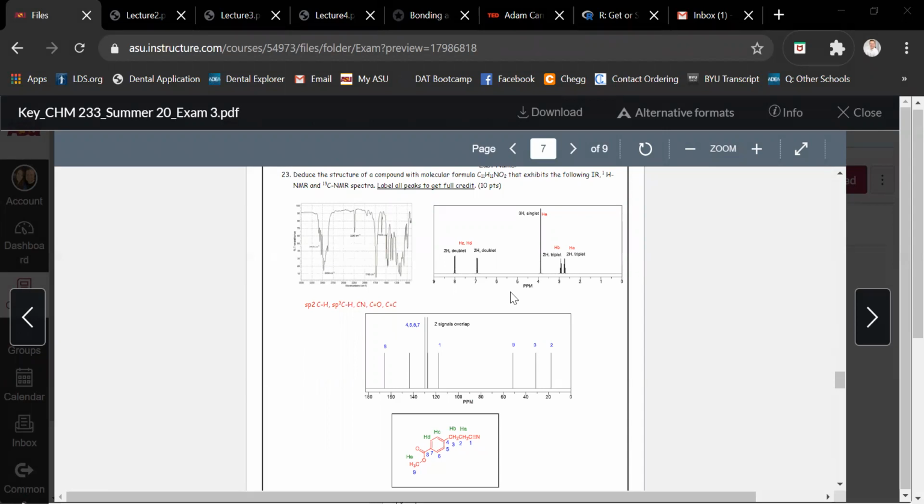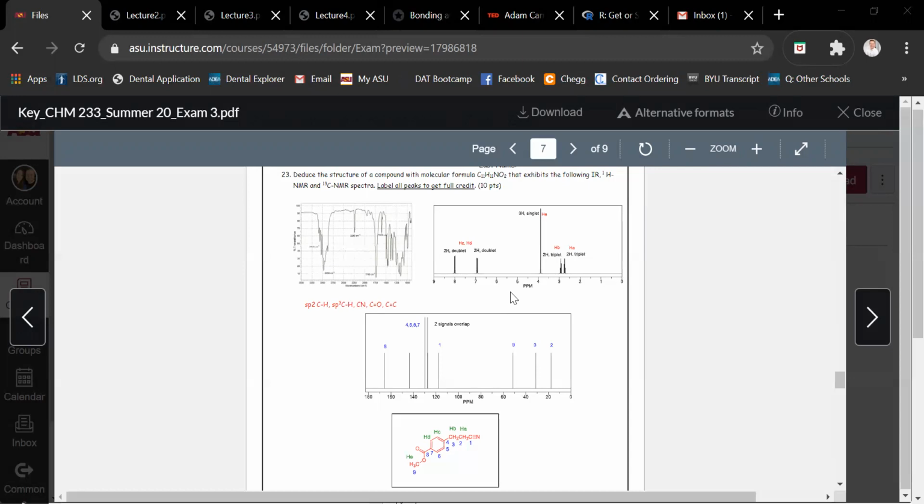Mm-hmm. But he said that to get full points, you needed to label them, and I wasn't sure how. So I wrote by every peak, C double bond or C triple bond N, and then I wrote whatever all the HNMR hydrogens meant. But the carbon one, the CNMR, I didn't really know how to label that one mostly.